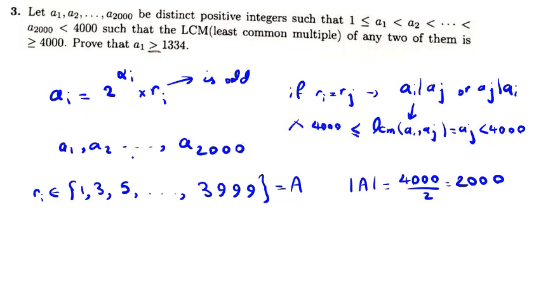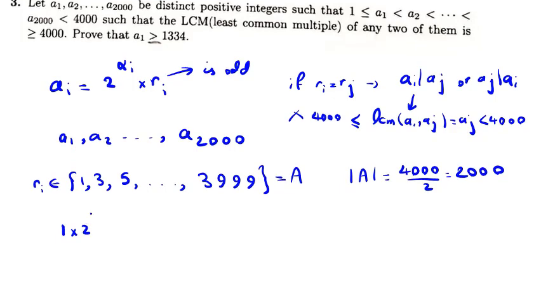So we conclude, because it's somehow the pigeonhole principle. We have 2000 numbers, and we have a special case of the pigeonhole principle. We have exactly 2000 cases, and we can select one of them, for example, different Ai and Aj. So exactly one of them is selected from each case. For example, one of them is 1 times 2 to the beta 1.